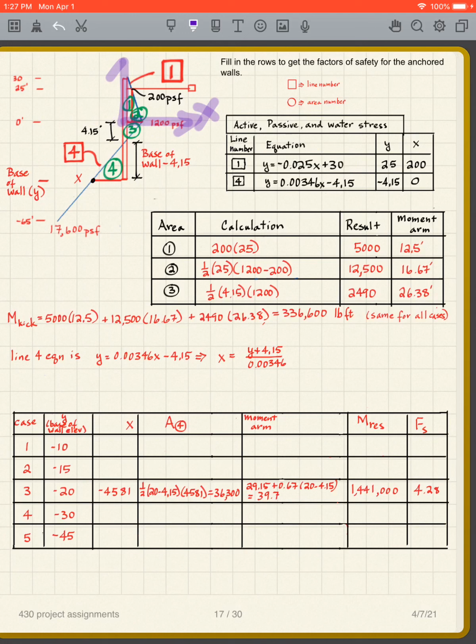So that means that my anchor is at y equals 25. When I have equation 1, which is the equation for this line here, if I put in y equals 25, I get x equals 200.